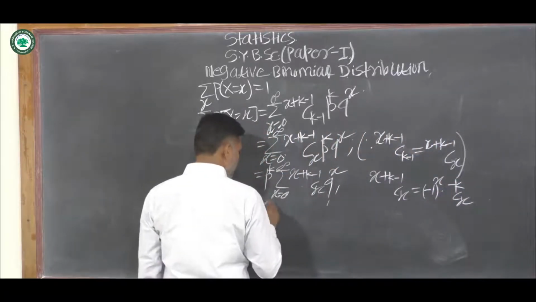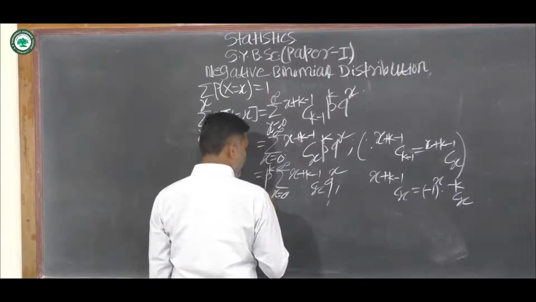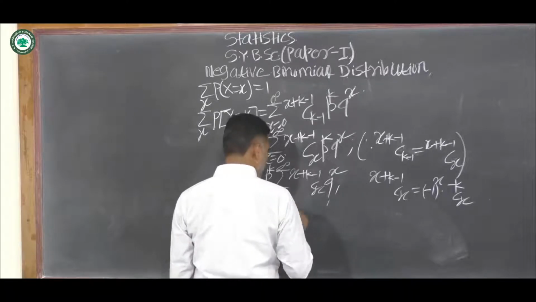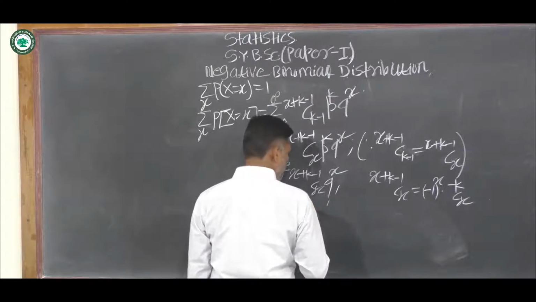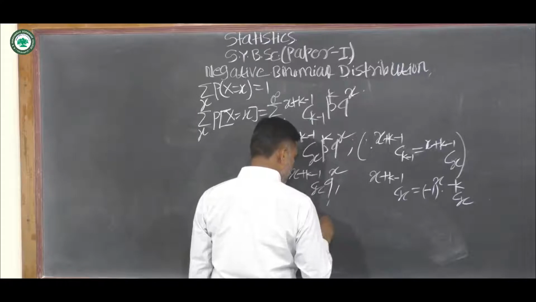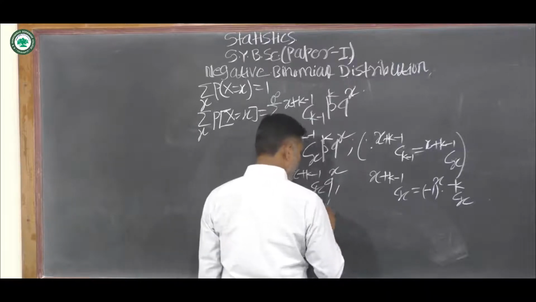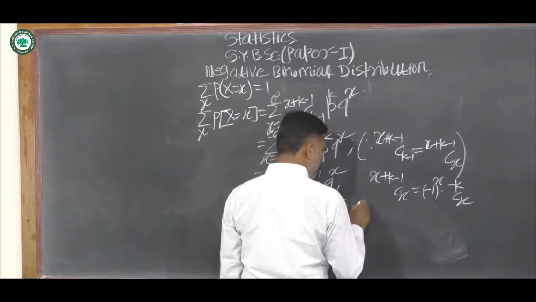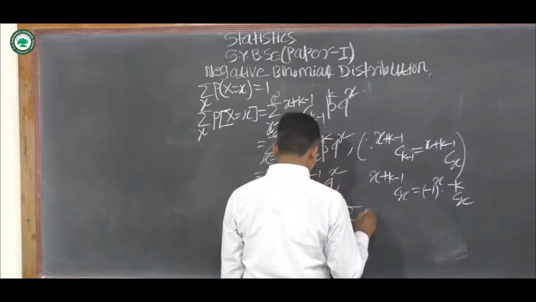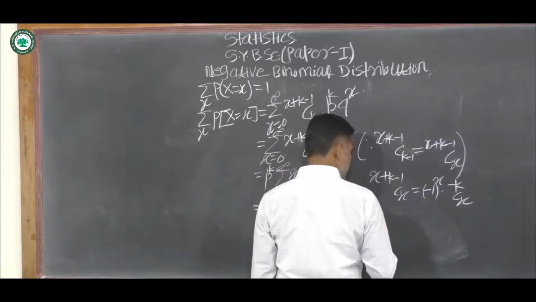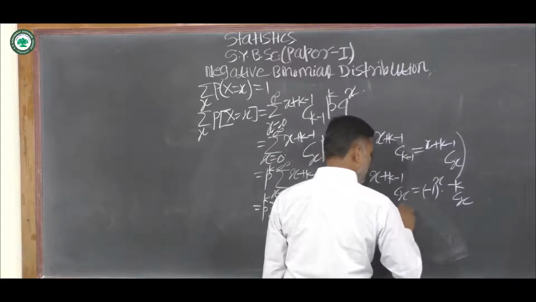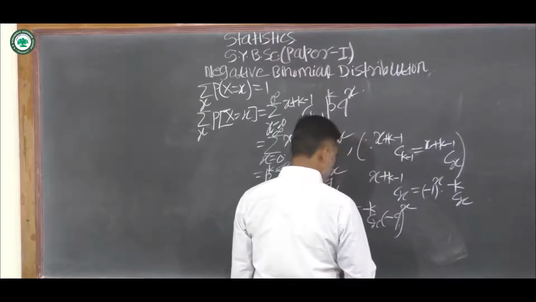Then p raised to k into summation of minus 1 raised to x into minus k c x into q raised to x, which is equal to p raised to k into summation of minus k c x into minus q raised to x, summation over x, x running from 0 to infinity.